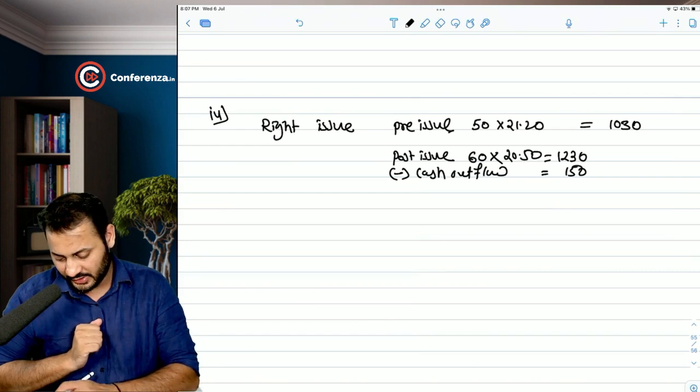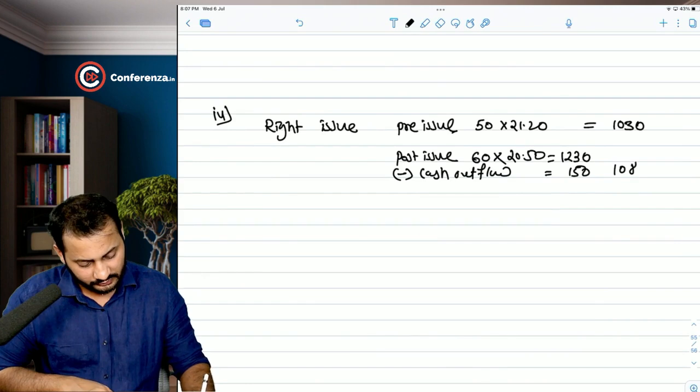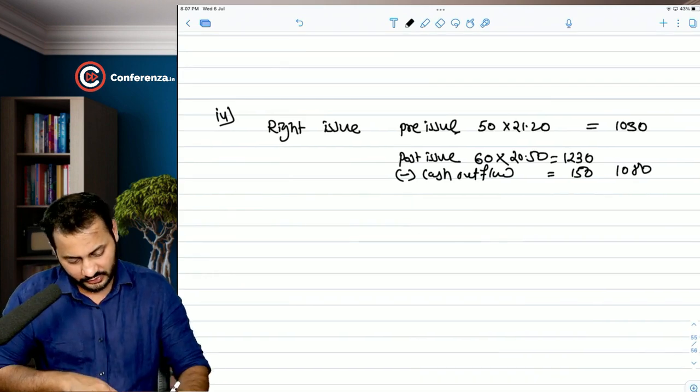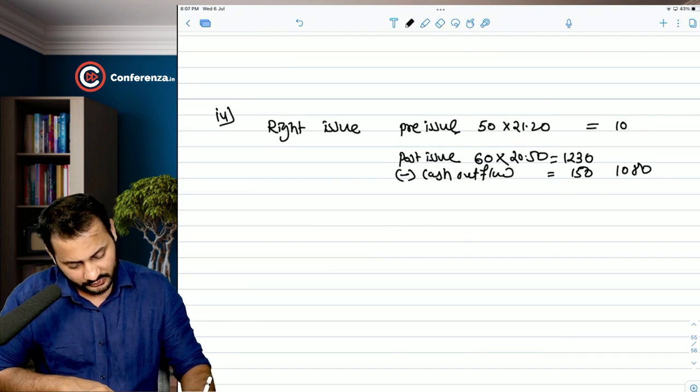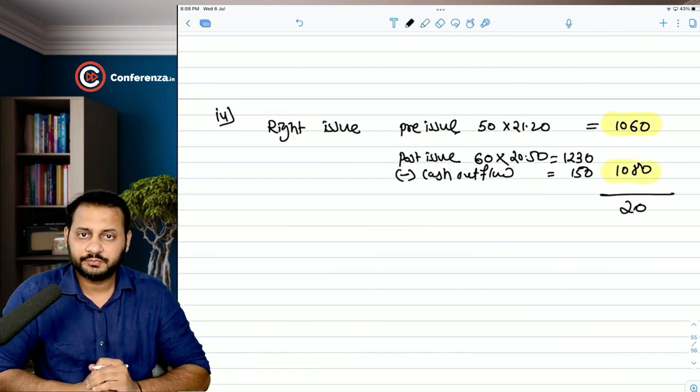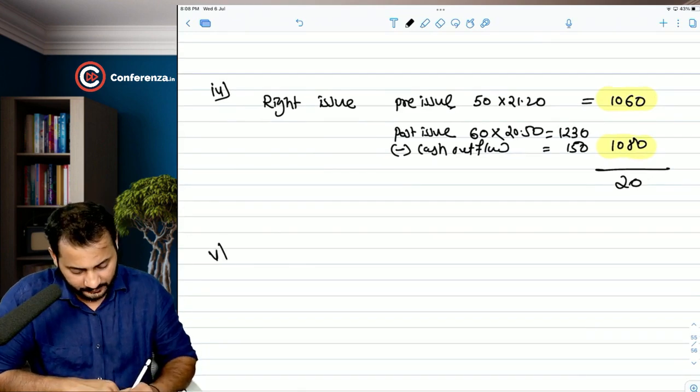So 1230 minus 150, it goes to 1080. 21.20 into 50, 1060. It was 1060. So tell me, earlier their wealth was 1060. Now their total wealth is 1080. The benefit is 20.